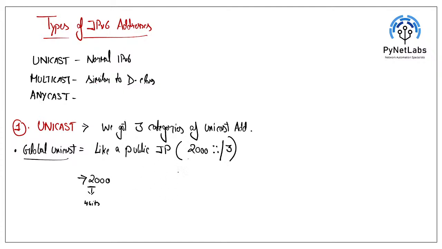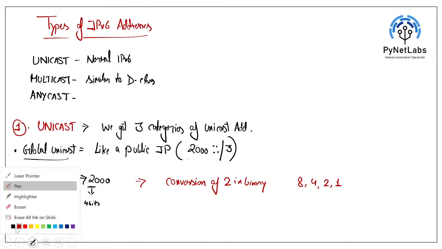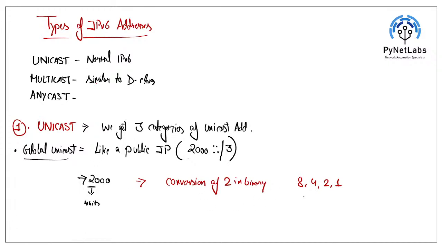If you convert 2 into binary, with 4 bits using 8, 4, 2, 1, it will look like 0, 0, 1, 0. So here you can see the first 3 bits are constant, 001.